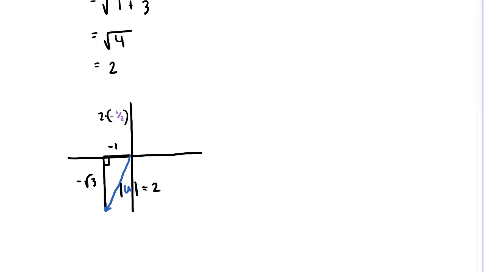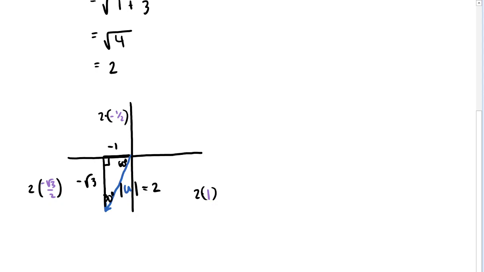This long leg length is negative square root of 3 over 2, but multiplied by 2. And the hypotenuse is just 1 multiplied by 2. This is our 30, 60, 90 triangle that we see in our unit circle, but stretched by a factor of 2. So this is a 60-degree angle, and this is a 30-degree angle.